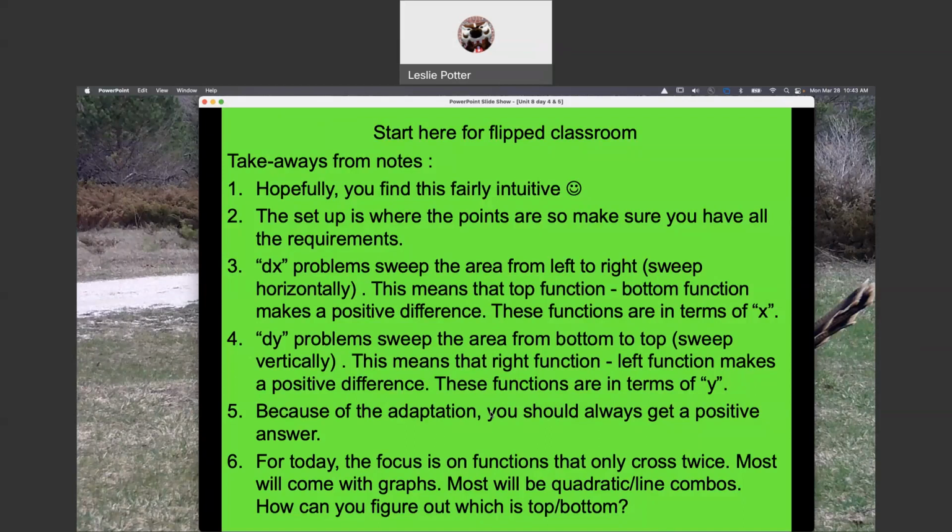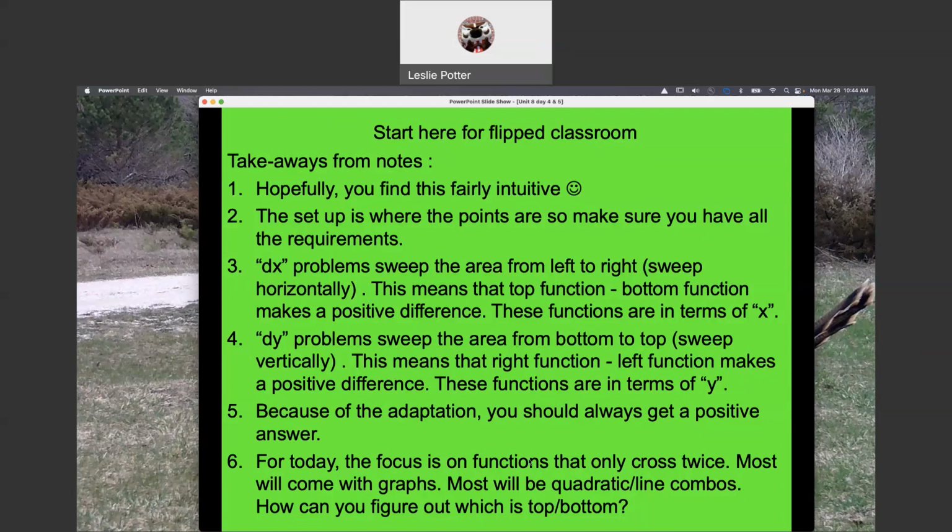If this is -7 and this is -9, -7 minus a -9 is a positive difference. I'm still taking a difference of a bigger minus a smaller number. So that adaptation serves us well because we always get a positive answer. We know area is always a positive value. We know that from geometry, area of a square or anything like that. We always get a positive answer.